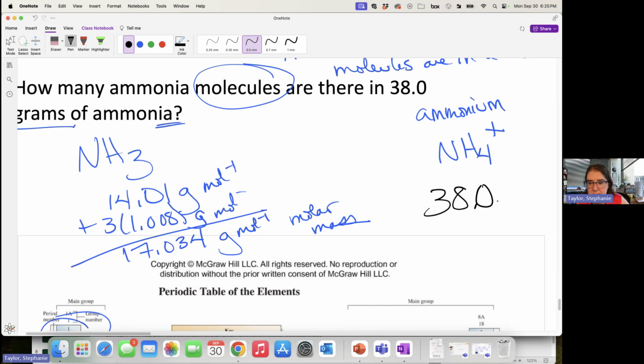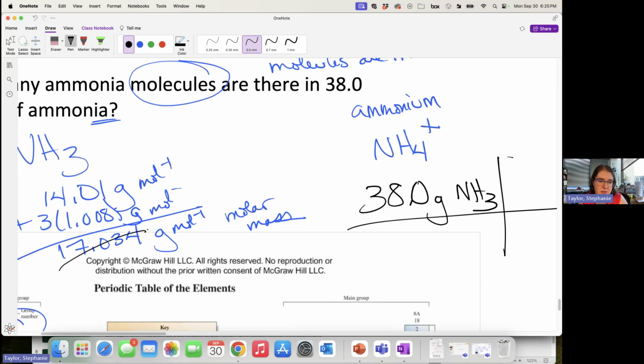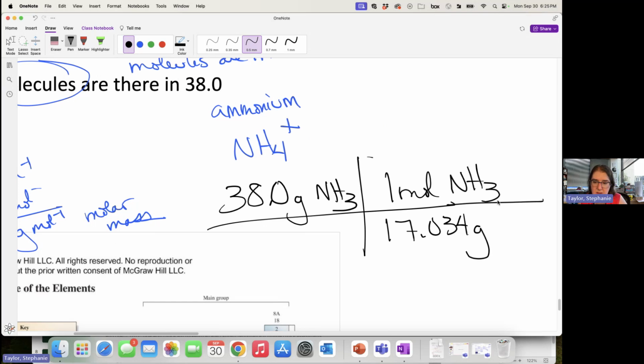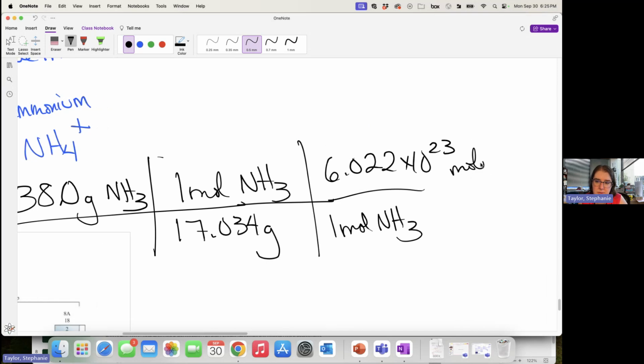So, 38 grams of ammonia. We have already found that there are 17.034 grams in 1 mole of ammonia. And then in 1 mole of ammonia, there are 6.022 times 10 to the 23rd molecules.